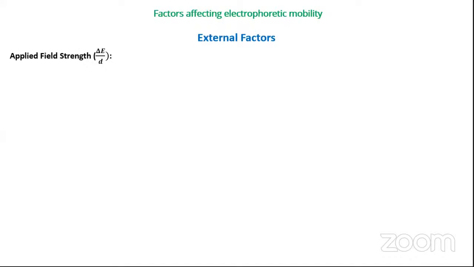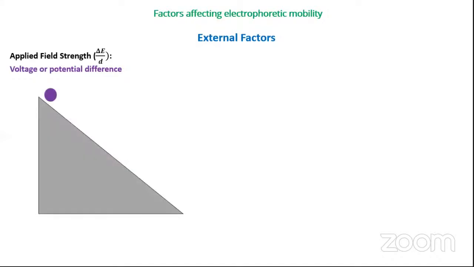So this class has to do more with the external factors, in which we started discussing the voltage or potential difference applied for electrophoretic migration of the molecule of our interest.